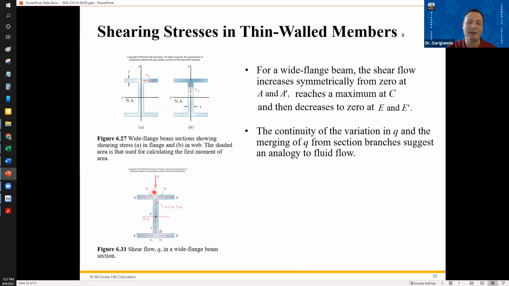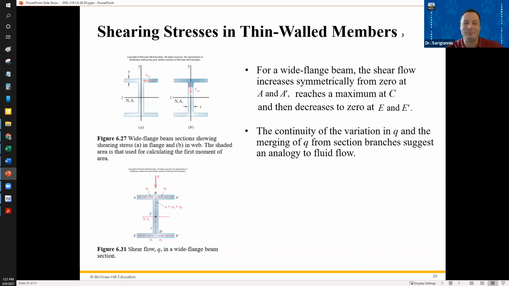And this is based on, again, a vertical load, V, and the beam running in and out of the page. And you're generating a bending moment, and that's just this shearing stress as a result of that. They do here note that this continuity, the variation in Q, this stress per unit length, suggests an analogy to fluid flow.